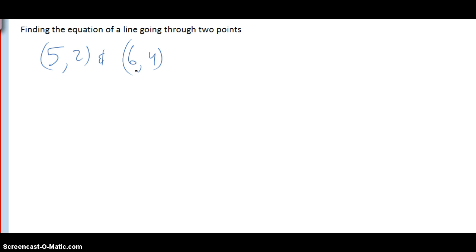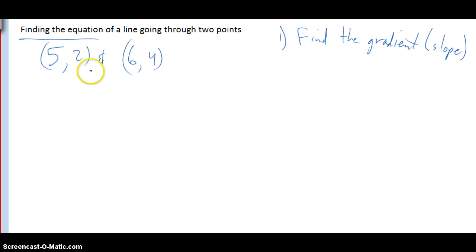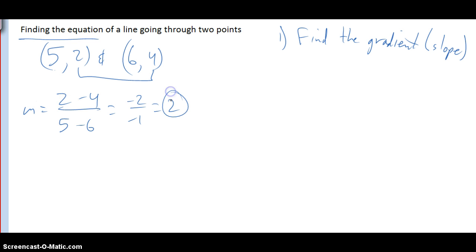The first step of finding the equation is you need to find the gradient, or slope. That's of course going to be y minus y over x minus x. So in this case, it is 2, and that's what our m equals, 2.